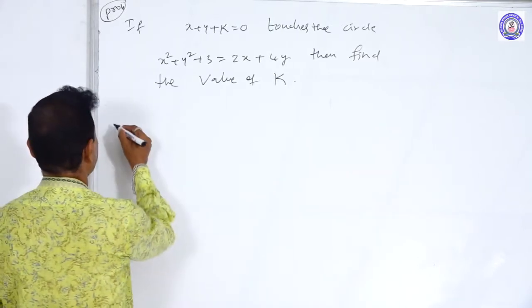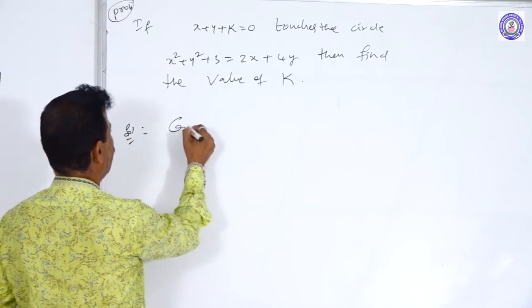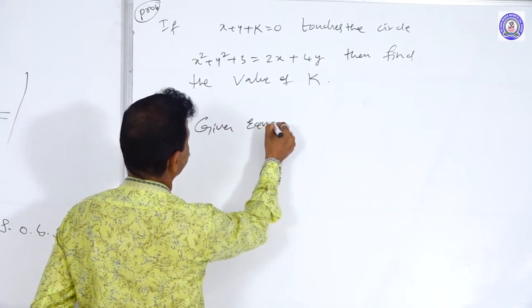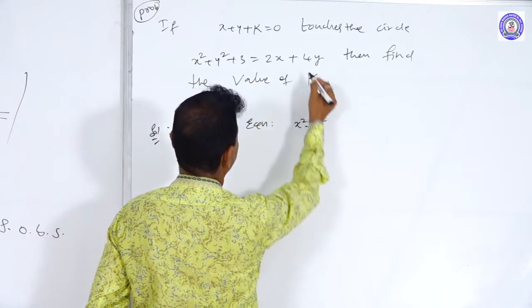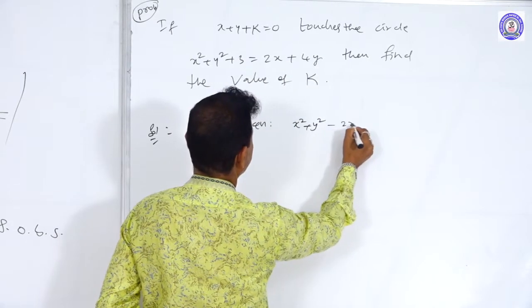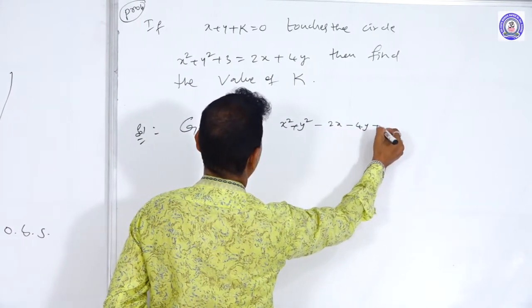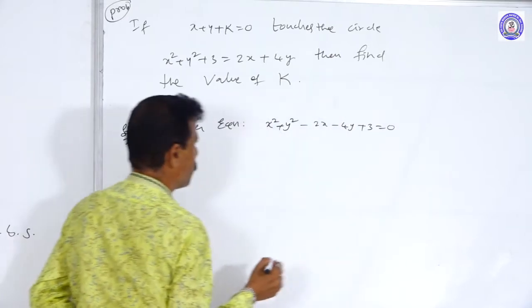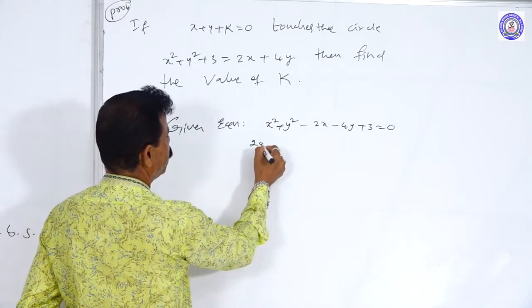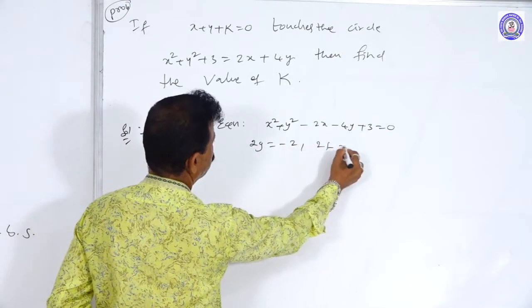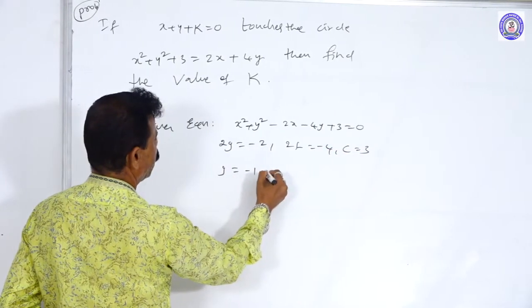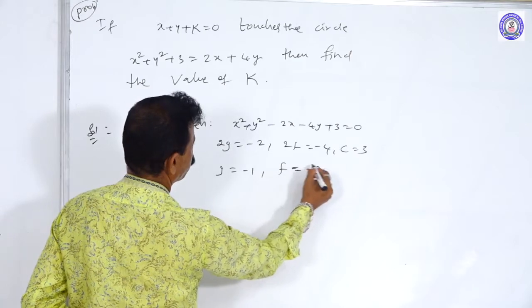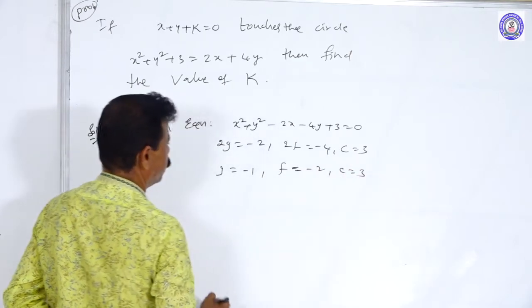For the circle, solution: the given equation x square plus y square, this is written with the left side as minus 2x minus 4y plus 3 is equal to 0. So here 2g is equal to minus 2, 2f is equal to minus 4, c is equal to 3. g is equal to minus 1, f is equal to minus 2, c as it is 3.